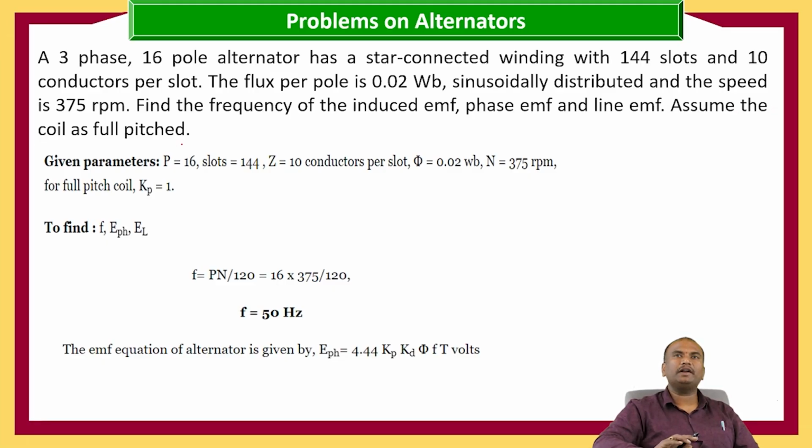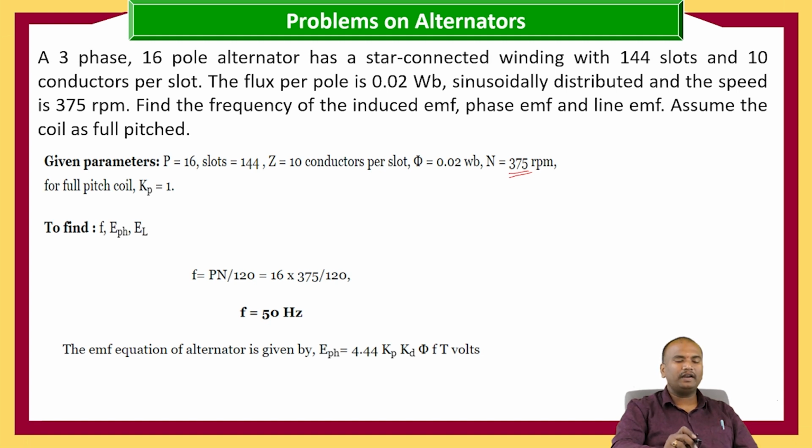Full pitched is nothing but the Kp value is equal to 1, and number of poles is equal to 16 and slots is equal to 144. Z is equal to 10 conductors per slot and flux is given as phi is equal to 0.02 Webers and speed is equal to 375 rpm.